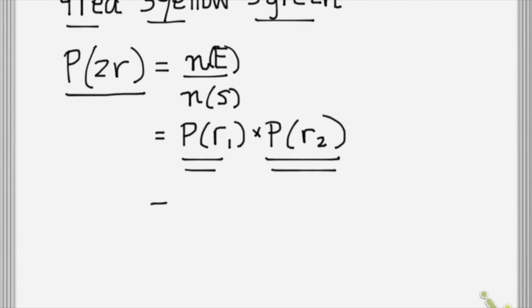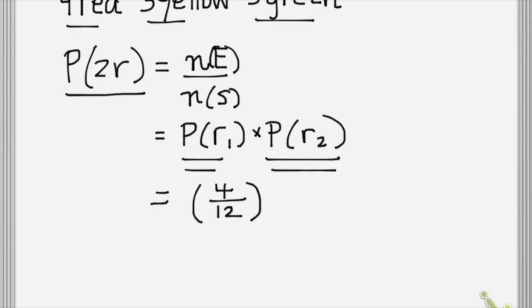So if you stop and think about this, maybe you could answer this question. What's the probability that the first marble is red? Okay, so maybe you said that there is a 4 in 12 chance because there are 4 red marbles and there are 12 total marbles.